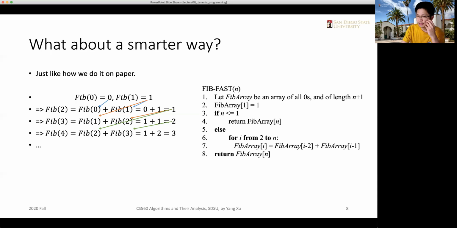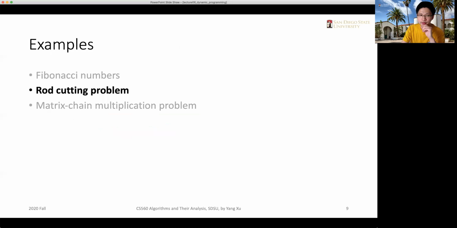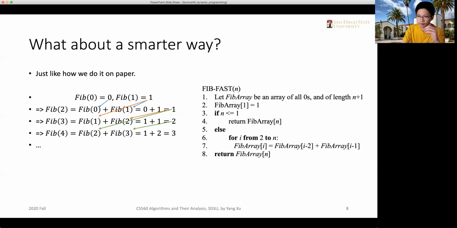And as we will see later on, the two examples, rod cutting and matrix chain multiplication, are more difficult to directly derive a DP solution for.